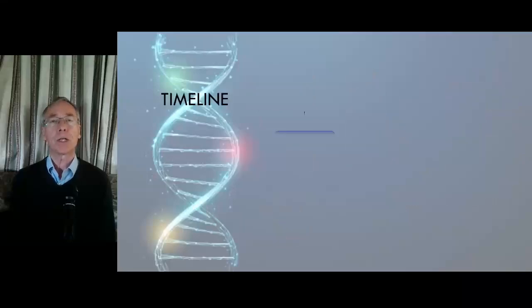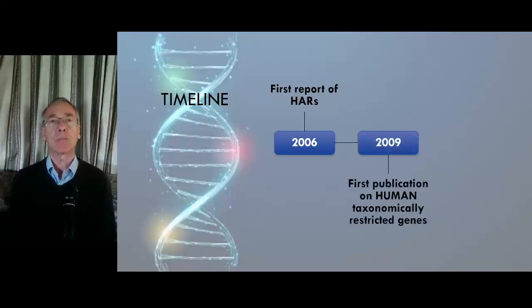So when were these things discovered? Well, the first reports of human accelerated regions was in 2006, and the first publication of human taxonomically restricted genes, because taxonomically restricted genes have been known for many species for quite a while, but the first human taxonomically restricted genes were reported in 2009.